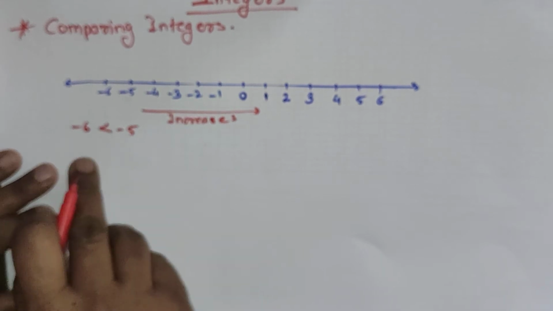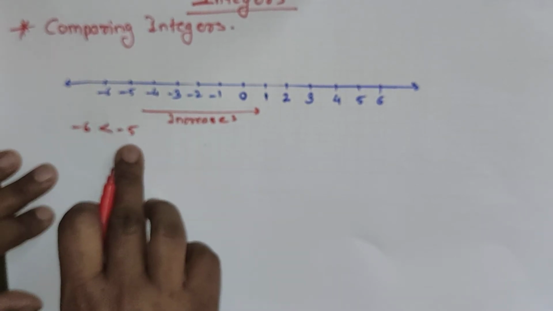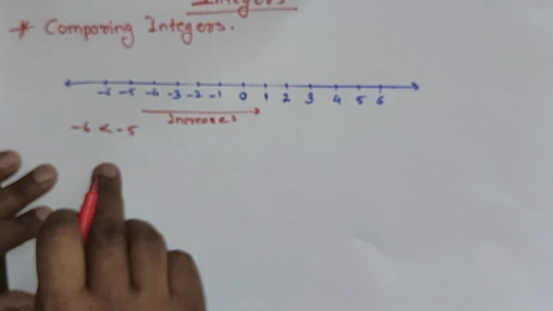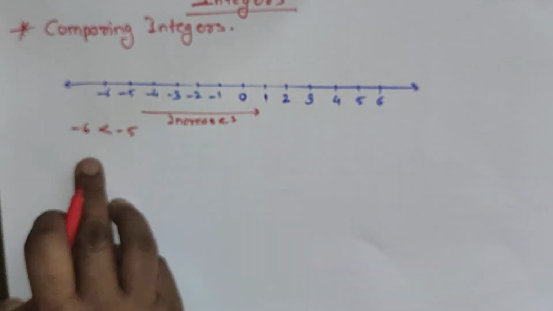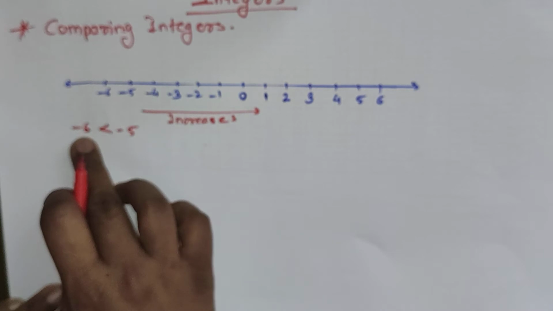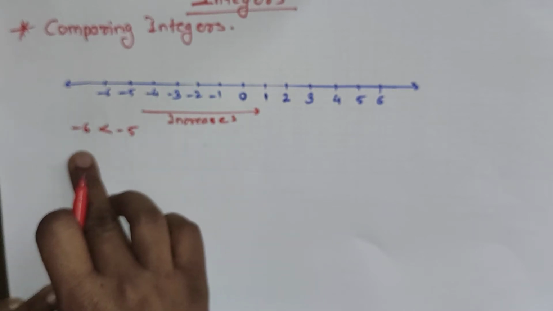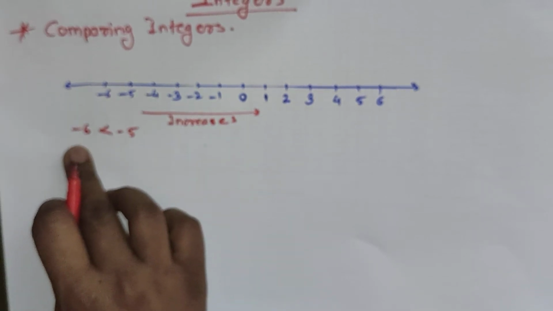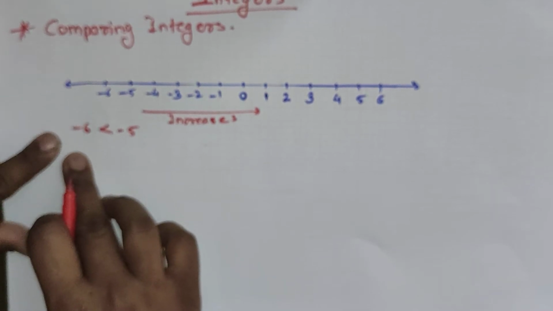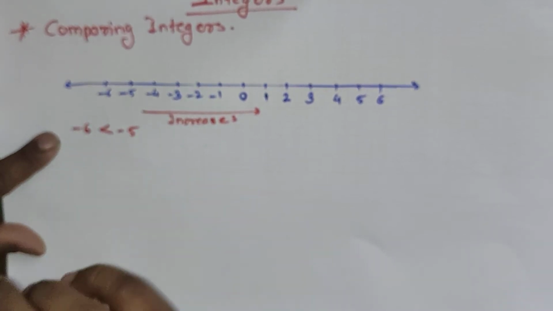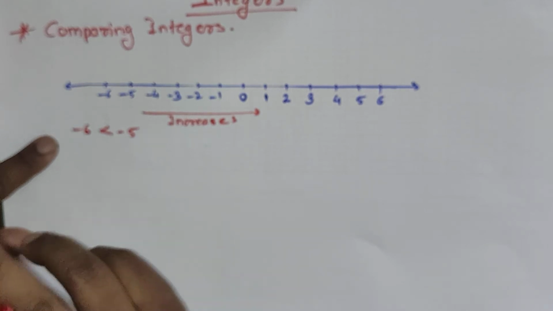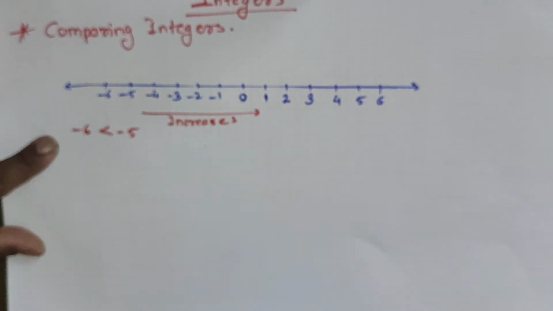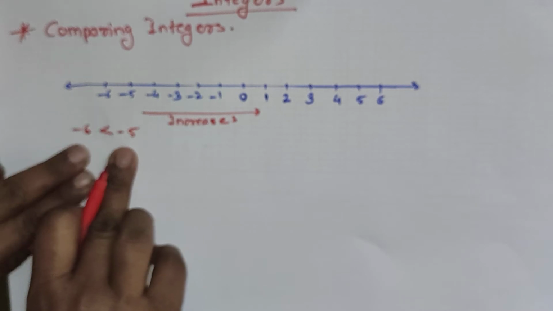You will say here is 6 and here is 5, then how is 6 always greater than 5? That is what the teacher always teaches us. But when the numbers are negative, the greater the number, the smaller it becomes. -1000 is smaller than -1. So -6 is smaller than -5.